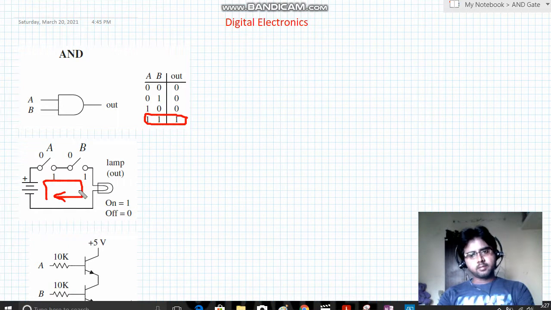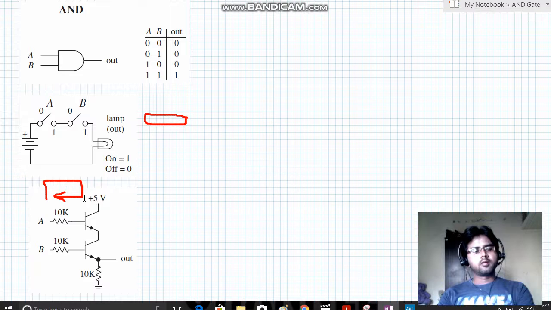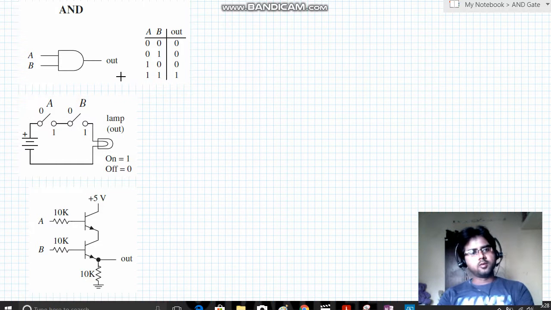Our main criteria is to understand the AND gate with respect to transistor analogy. If you draw the transistor analogy, it will look like this. You will have two transistors connected, two NPN transistors.